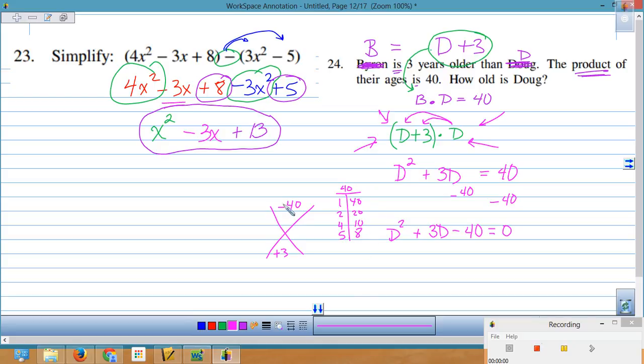So now you're going to subtract the factors. And if you look, 8 minus 5 equals 3. And so you put 8 minus 5 equals 3. And the bigger number needs to be positive based on this. And so you'd get D plus 8 and D minus 5 equals 0.